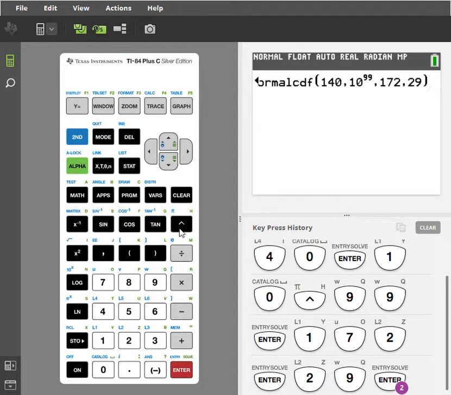And then maybe remind yourself, if the upper bound is infinity, type in 10 and then that little caret symbol to the 99, just to remind yourself.